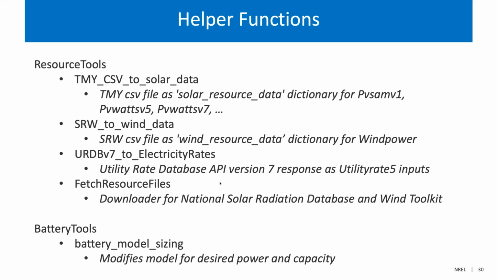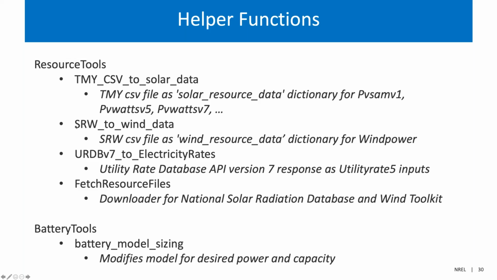The first one will convert SAM solar resource CSV files to solar data. So it converts a CSV of solar resource data into the correct format for use in PySAM PVWatts and PV SAM V1.